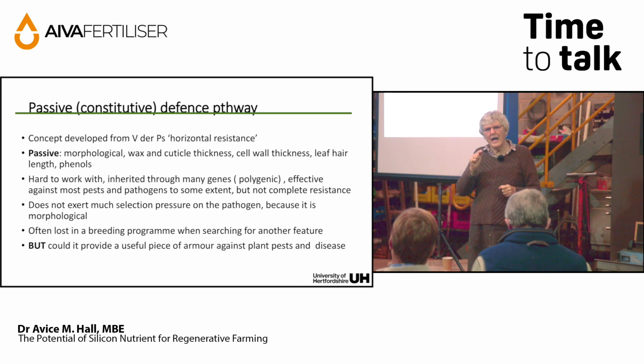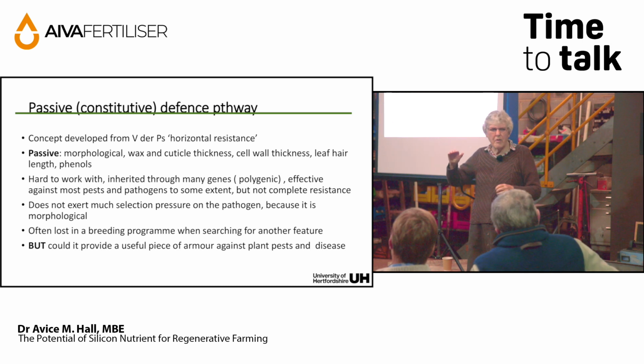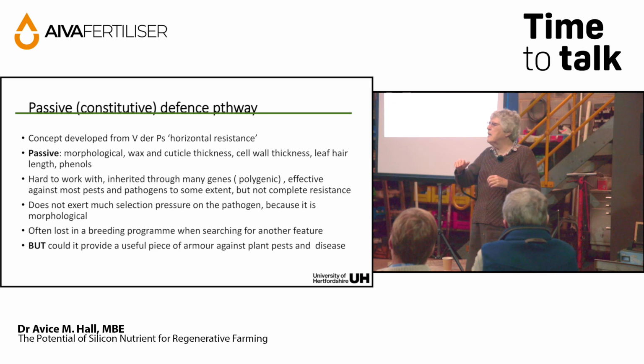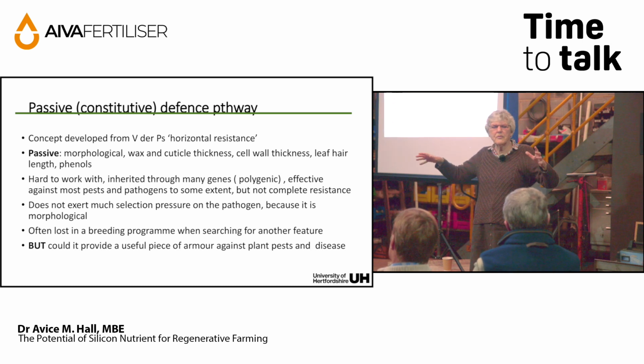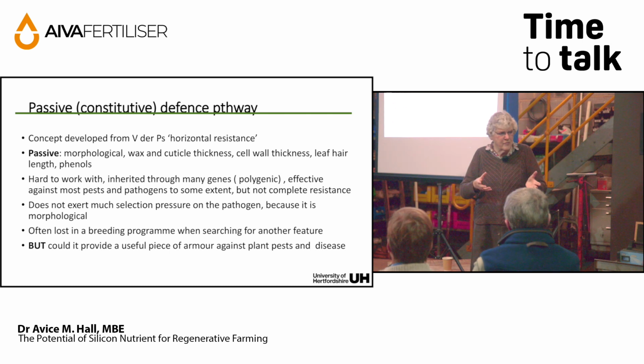And that's why this morphological effect is really, really important. Because if the pest or pathogen lands on the plant, and for some reason it's not such a nice place, he's a bit uncomfortable if he's a pest, then he's deterred, he doesn't eat as much, or she doesn't eat as much, and therefore she doesn't reproduce, and therefore you get lower numbers.